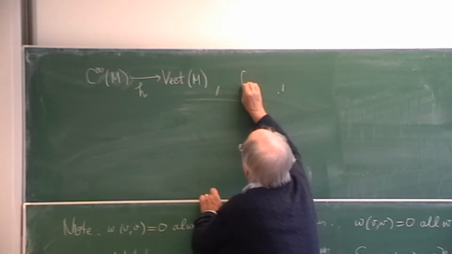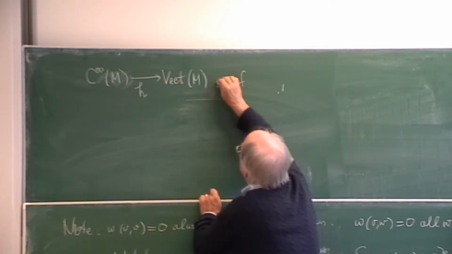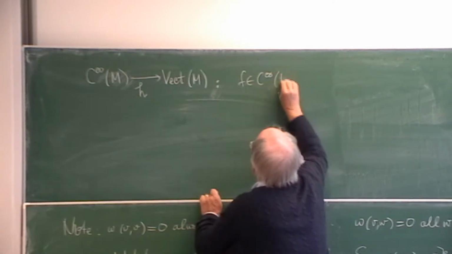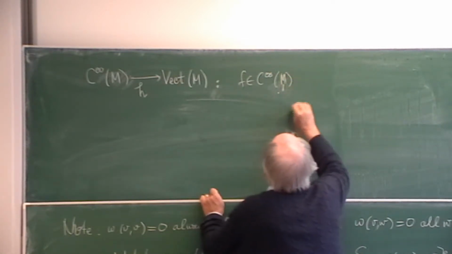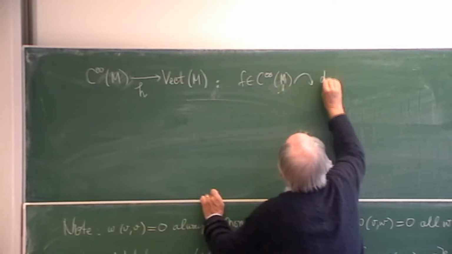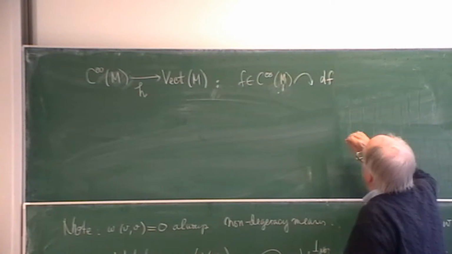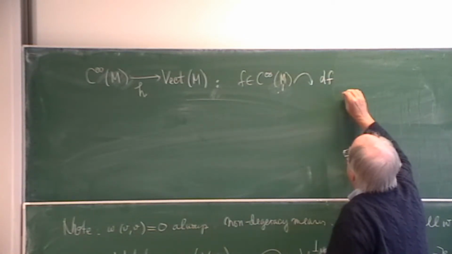And it goes like this. If you have f a C infinity function, smooth function, then the first thing you do is take d of it, and that's a one form.